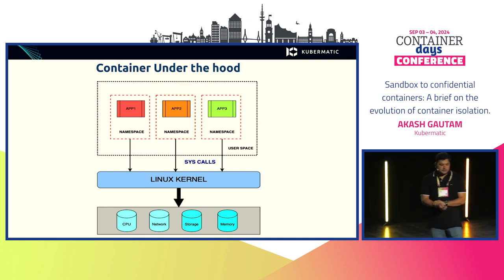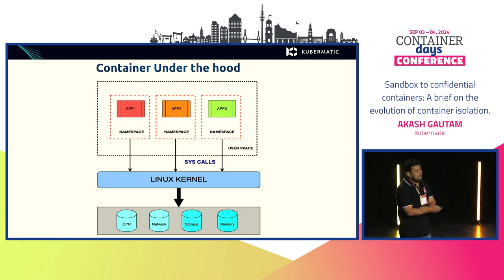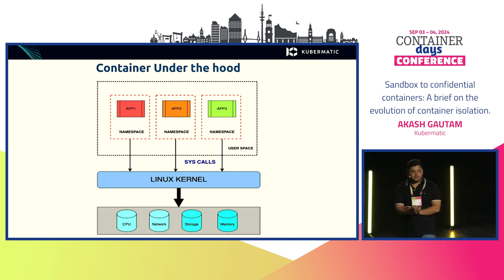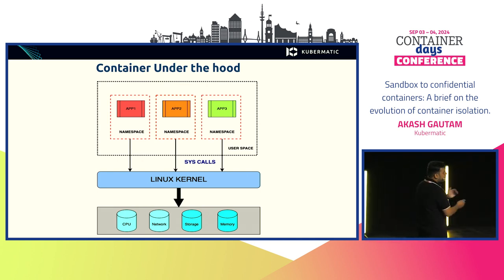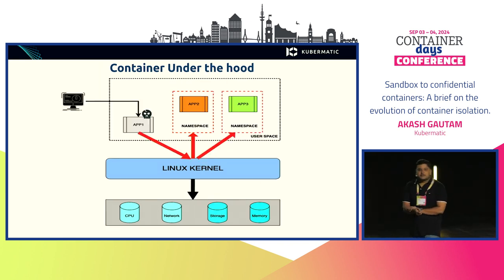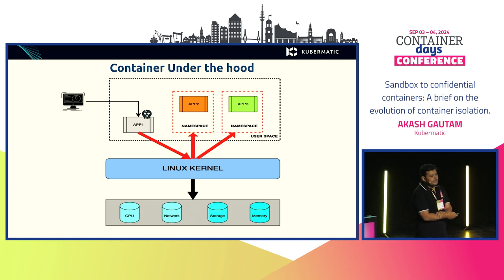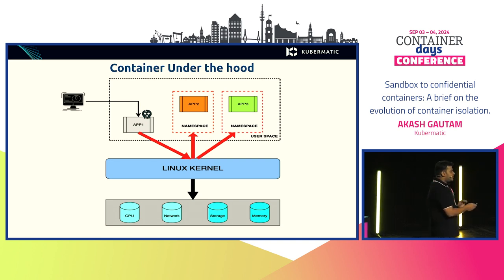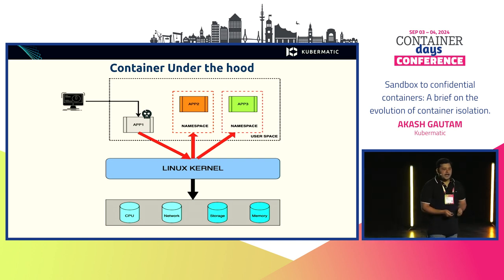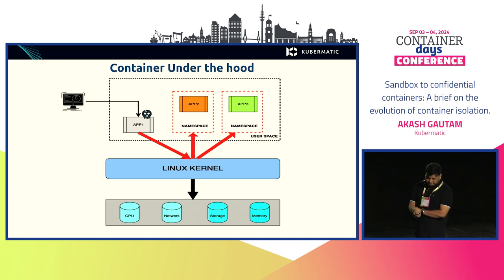The Linux kernel, or the host kernel, is shared among all the containers that run on that host. And they all make system calls directly to the same kernel, which is okay as long as the process is within the container boundaries. But what if one of the containers, or an application inside the container, is under attack, and the attacker is able to break out of the container boundaries and run directly on the host?